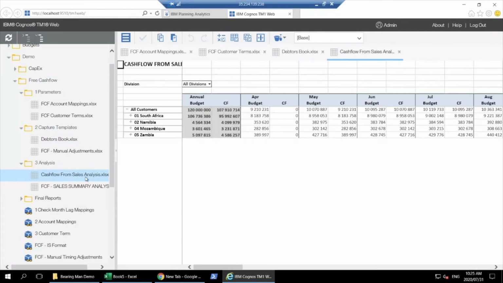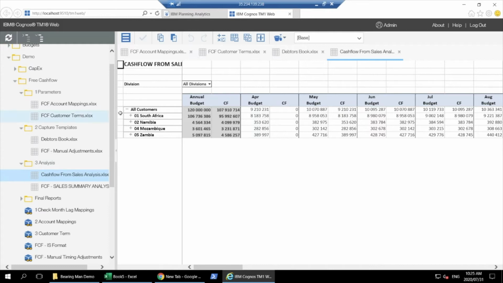So if I open up a template over here, I can see that I've got all product divisions over here. So I could also click on this and set it to a different product division. But in here, I can then see how, as we stand at the moment, where all my debtors are set to 30-day terms, how the cash flow lag affects.